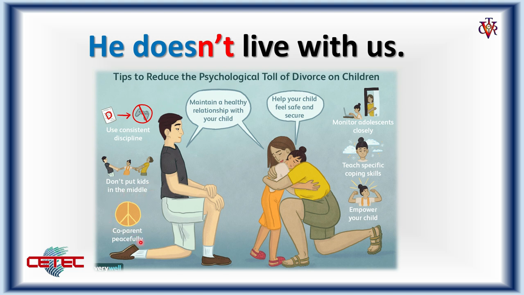Co-parent peacefully. Maintain a healthy relationship with your child. Child, that means only one. Help your child feel safe and secure. Monitor adolescents closely. Teach specific coping skills. Empower your child.